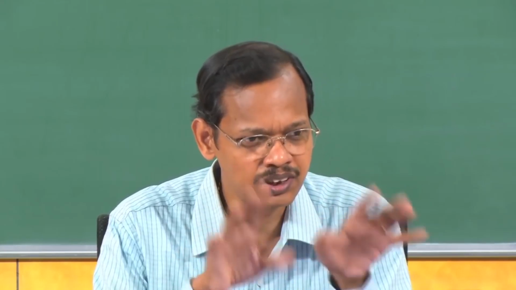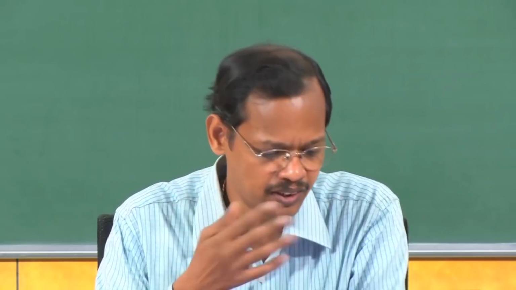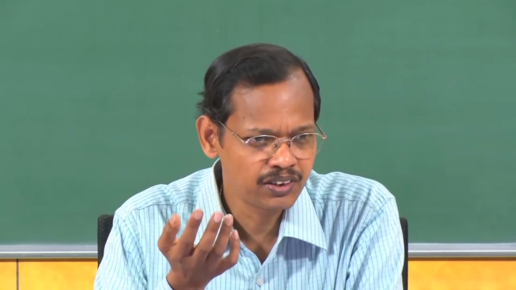We need to check the sensitivity as well as the specificity to see whether the method is performing well or not. Then the various validation procedures, like the back check or self consistency, n-fold cross validation, jackknife, split sampling and so on. So, we can validate all these things. Then if you are satisfied with your method and the performance, you can develop a web server for the applications, so it can be used by others.